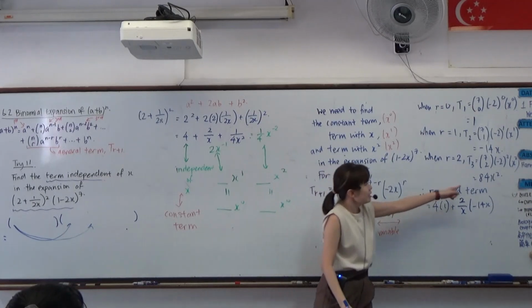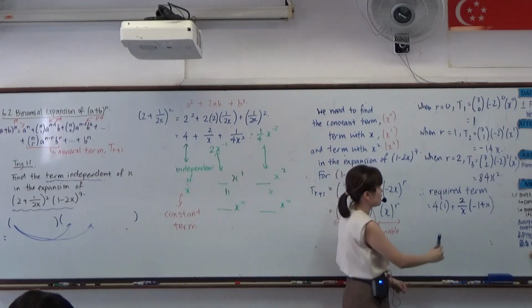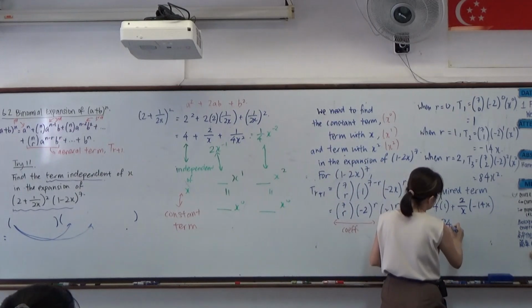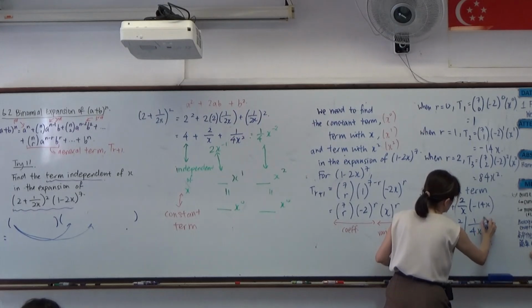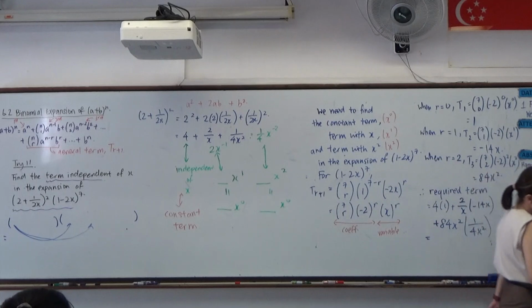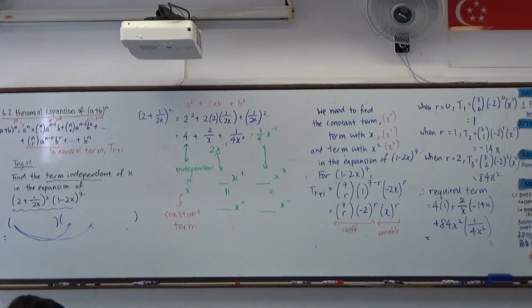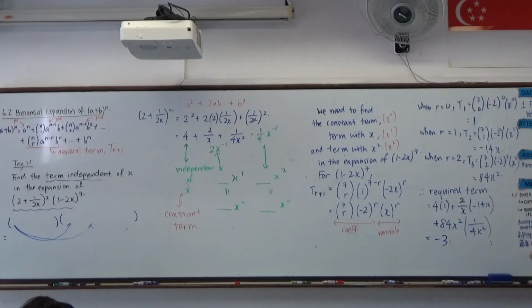And lastly, 84x squared was meant to multiply with 1 over 4x squared. Then you will get the answer negative 3. Because down here it cancels out already.